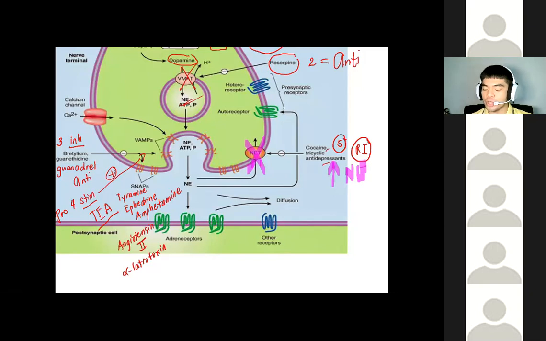Question, if greater norepinephrine is being observed in the cleft, do you think there is greater amount available for binding? Yes, okay. So greater amount will be available for binding. Therefore, pag gumamit ka ng reuptake inhibitor, there is enhanced sympathetic effect. Kaya pro-sympathetic agents sila.